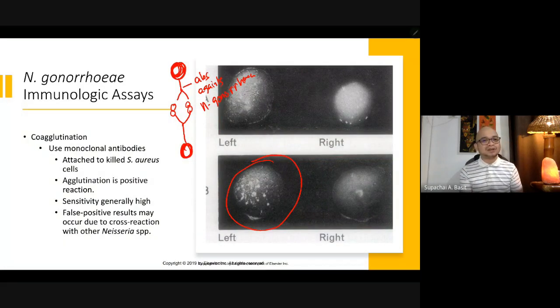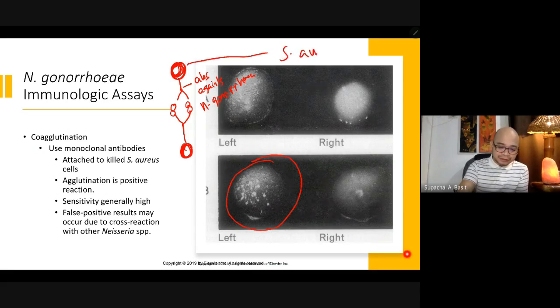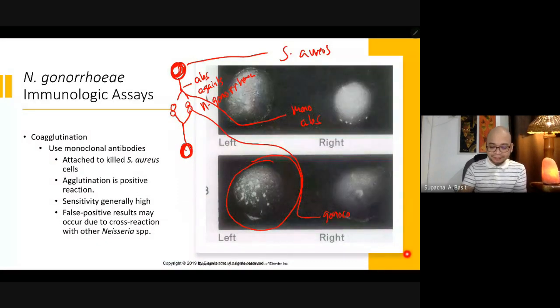So that is coagglutination. Again, in this structure, this is the dead Staph aureus, this would be the monoclonal antibodies, and then this would be the gonococci. And this is how a positive reaction looks like.